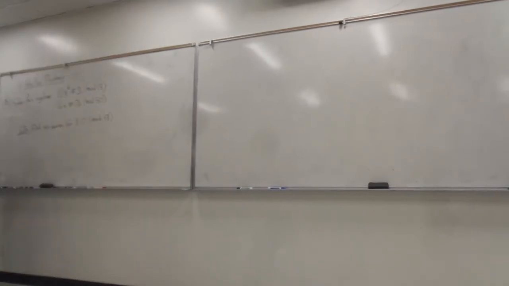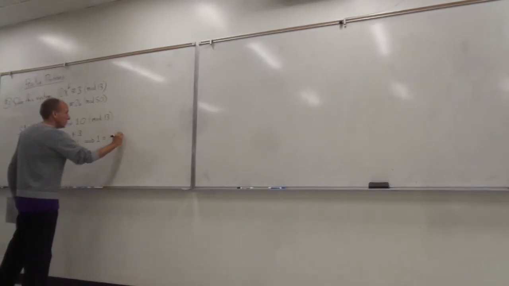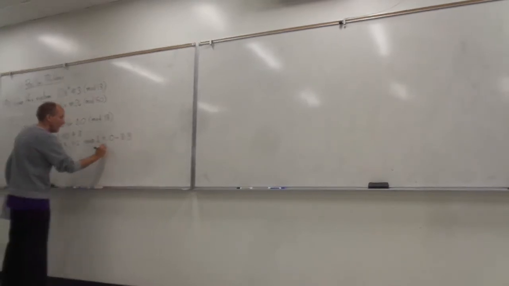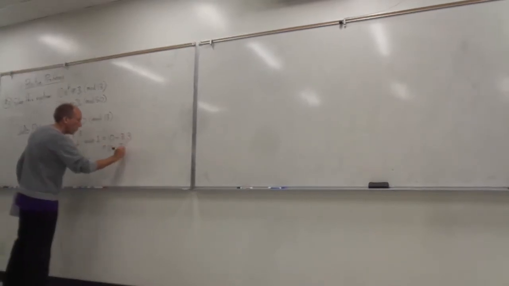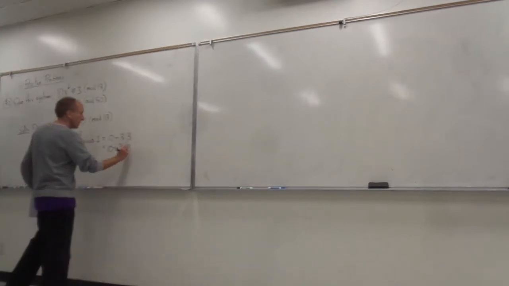But just so everybody follows, let's go through it anyway, just one more time. If we use the Euclidean algorithm on it, we would take 13 and divide by 10, we get a remainder of 3, and then 10 goes into 3 three times with a remainder of 1. Okay? And then we would work backwards. 1 is equal to 10 minus 3 times 3. And then I'm going to take one of the 3's, not both of them, and back substitute with 13 minus 10.